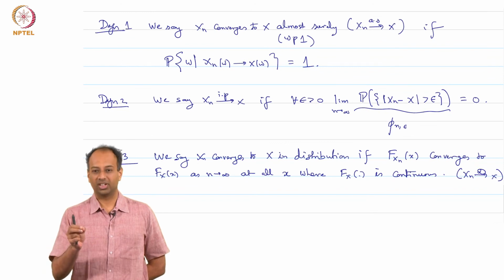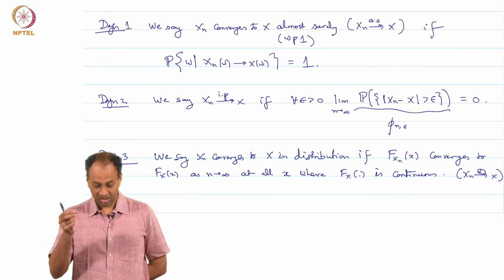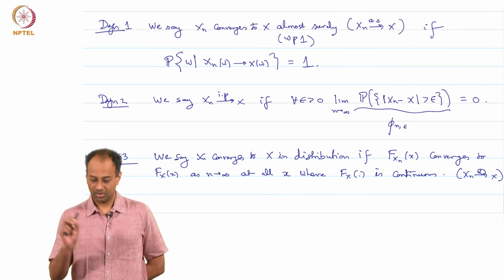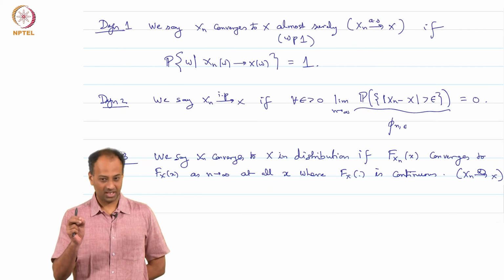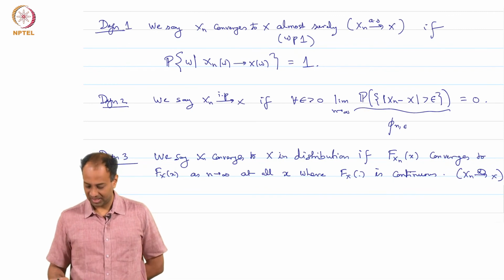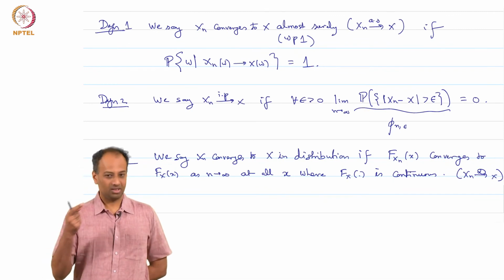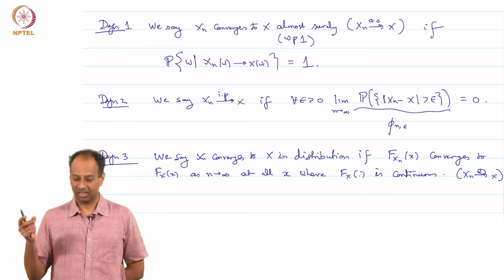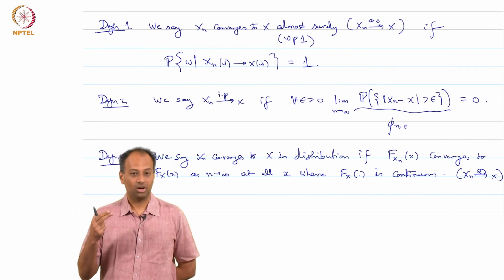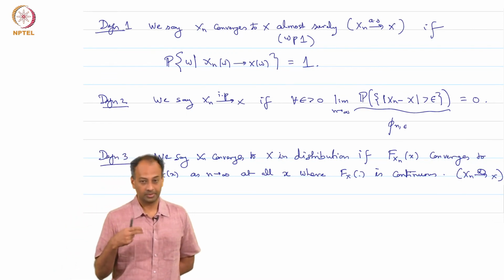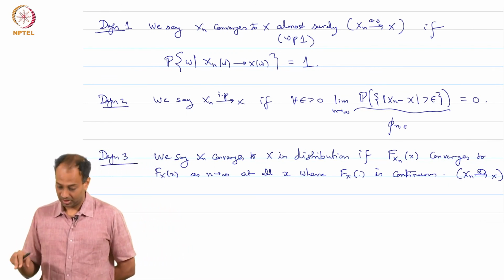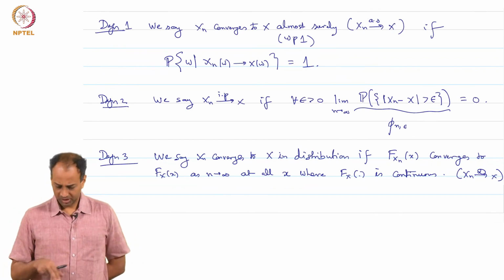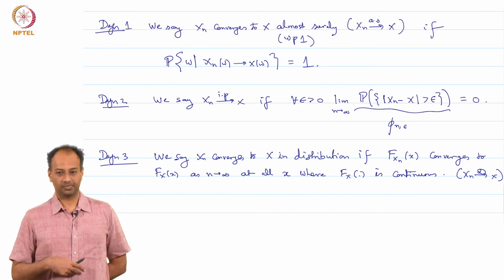You send n to infinity, and if that converges to the CDF of X, then you say it converges, for every x, right, exempting certain x's where F_X is not continuous, okay. You are only demanding convergence at all the continuity points of F_X, okay. So, this is a sequence of distribution functions that is converging, okay. So, this is an even weaker notion of convergence, okay.